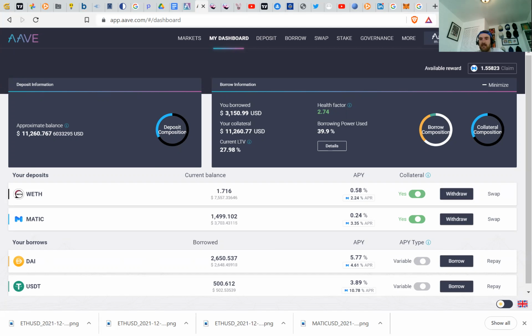So Ethereum would have to get to around 1628 for me to get liquidated, which, as you can see, is a pretty safe loan. I'm willing to hold it to that level. I'm even willing to maybe increase it because I don't think we see a sub-$2,000 Ethereum, and I'm willing to risk the one Ethereum that I have in there and also the MATIC for that trade. So this is kind of a way that you can safely lever up.